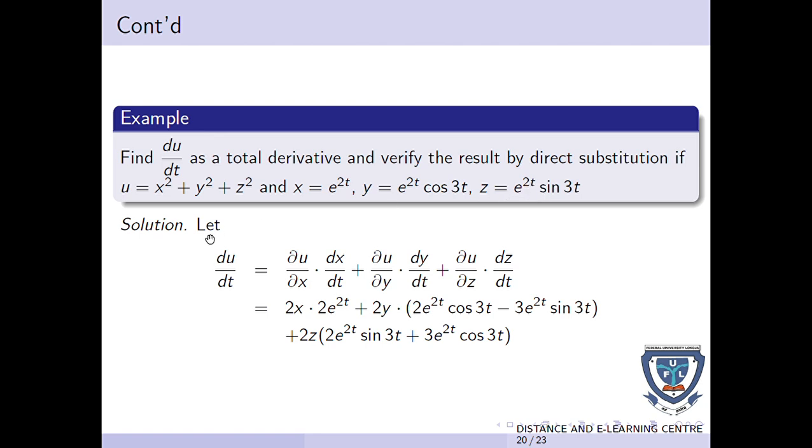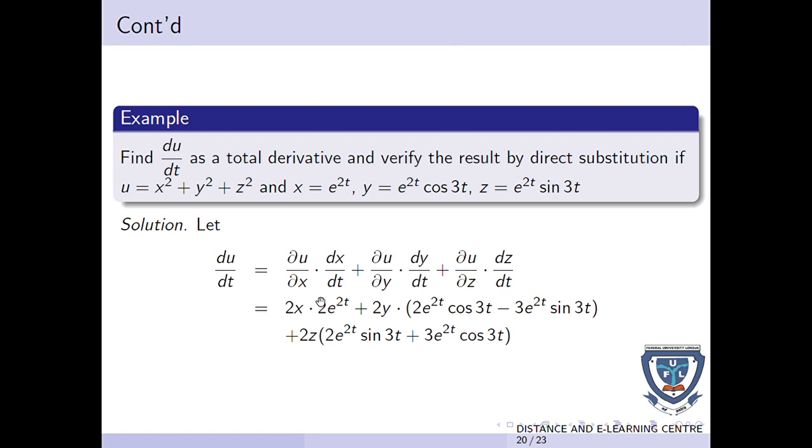Solution. For the total derivative du dt, you have partial u partial x times dx dt plus partial u partial y times dy dt plus partial u partial z times dz dt.